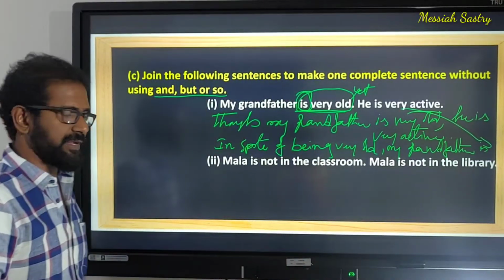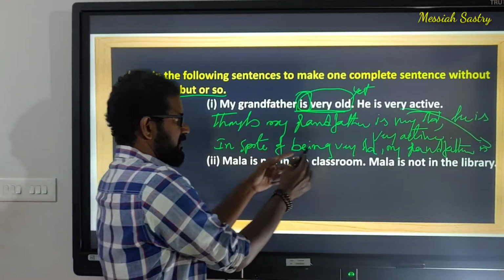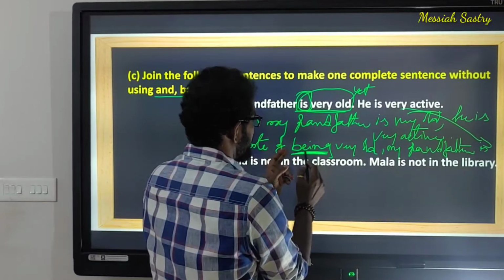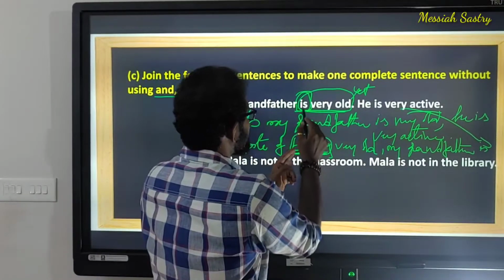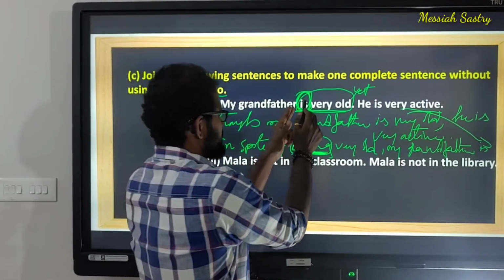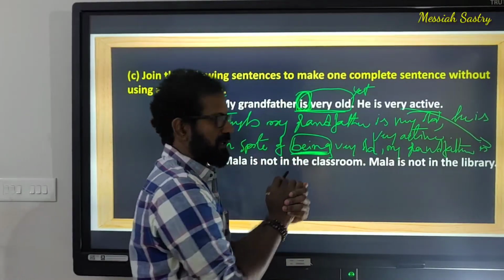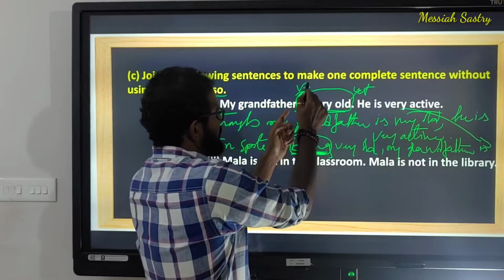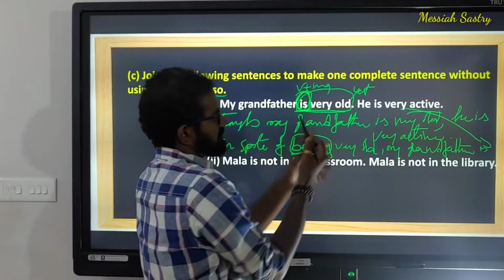So why should I write here being? The reason is a be form is given. So while writing in spite of, if there is a be form, we are supposed to use being. Suppose if there is a verb, then we just add ing to the verb.